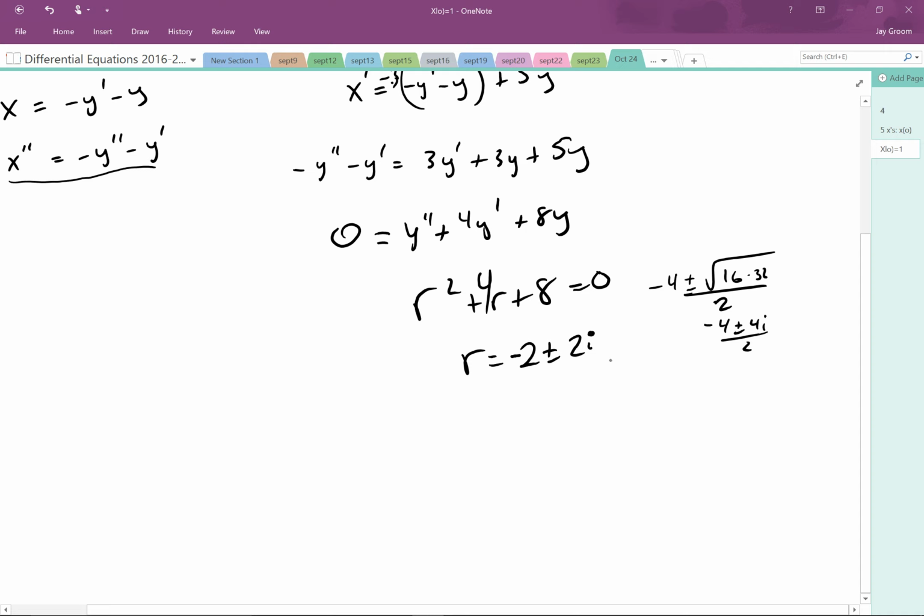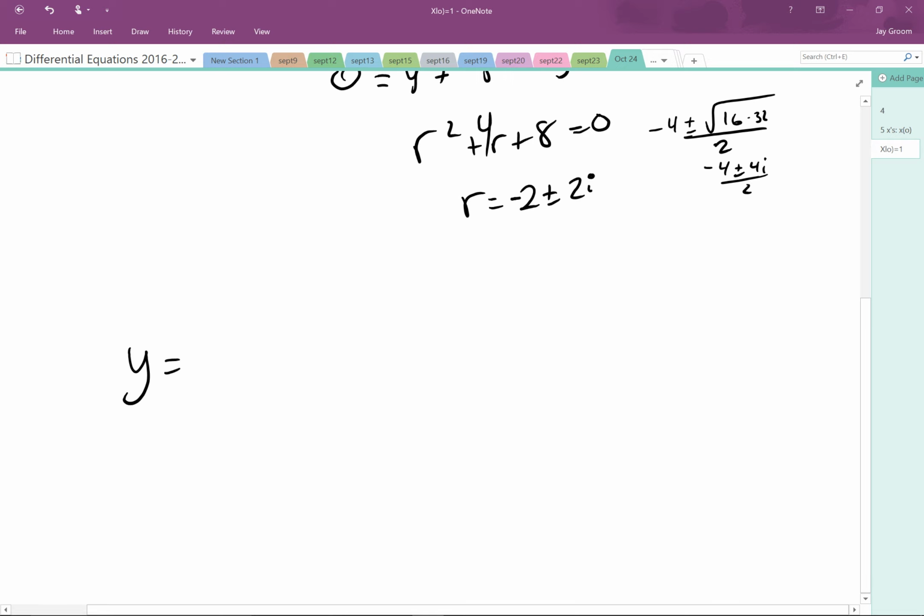Got it. Now, we know that means that y is equal to e to the negative 2t. And then we're going to have a c1 cosine of 2t, because of this, plus a c2 sine 2t.